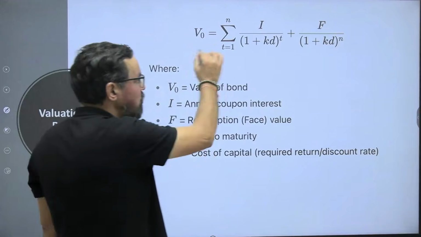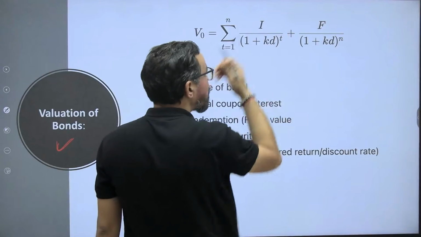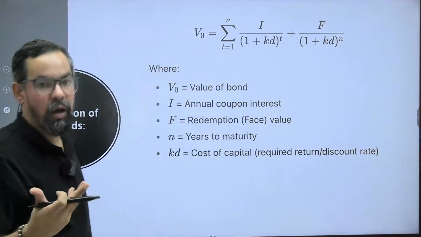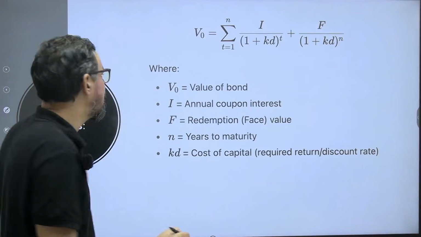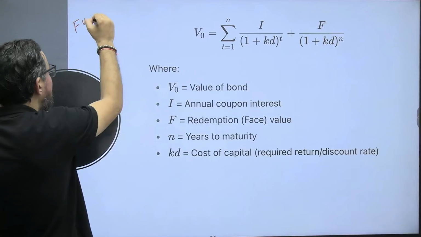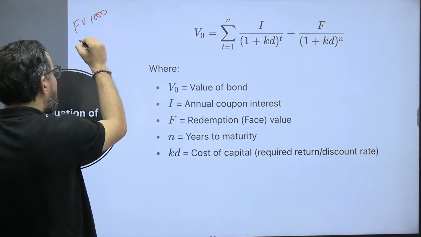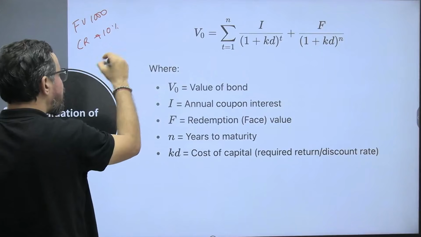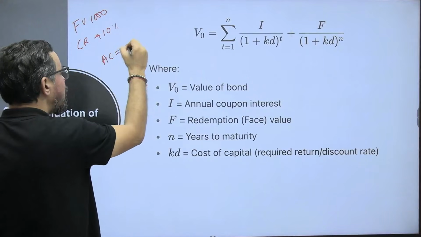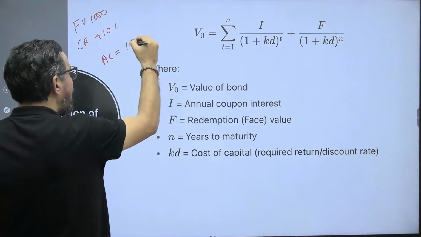That is the sum of the interest, the coupon rate, or the coupon or the income or the interest you are getting. Like in the case I gave you, the face value is 1,000 and the coupon rate was 10%. That means your annual coupon, or this I, will equal 100 rupees in this case.